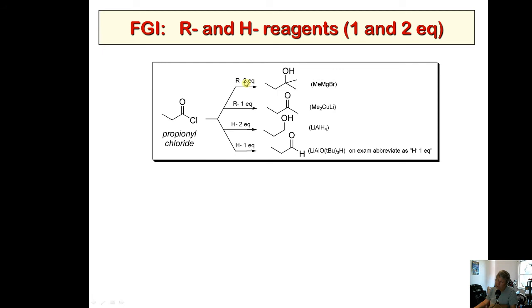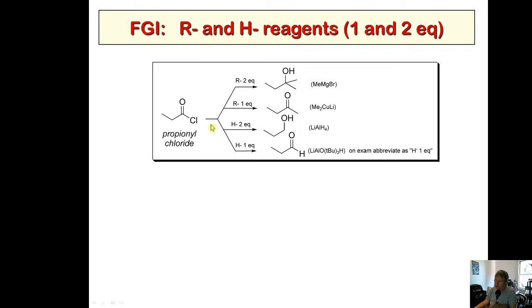We say R minus 2 equivalent, but a Grignard is the R minus 2 equivalent reagent for an acid chloride. So two methyls, for example, you get a tertiary alcohol. If you want to add a single thing to an acid chloride, you can just use a cuprate, like methyl cuprate. That'll add once. If you have an acid chloride and you want to do a double reduction, H minus 2 equivalents, you use lithium aluminum hydride.